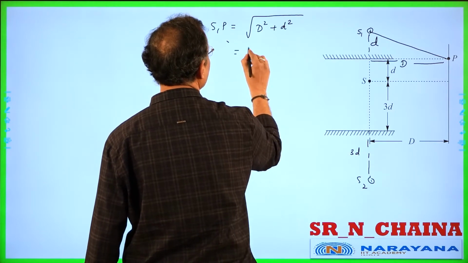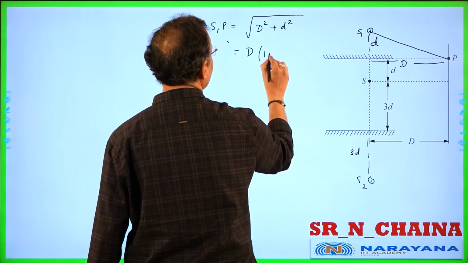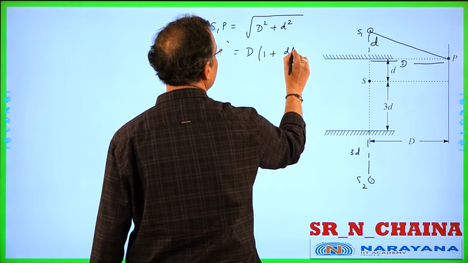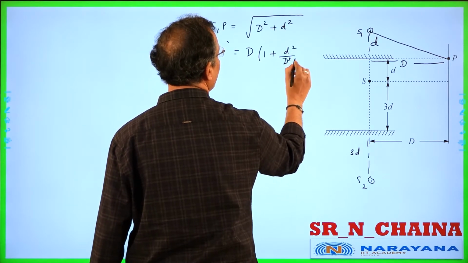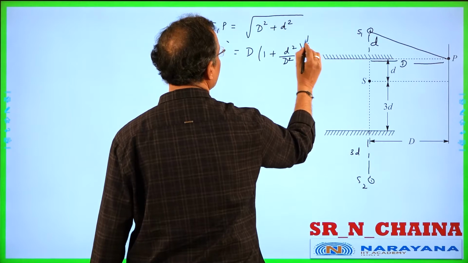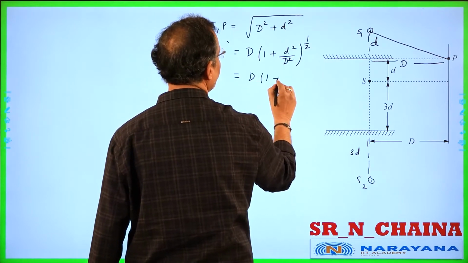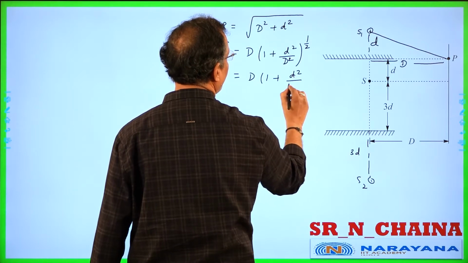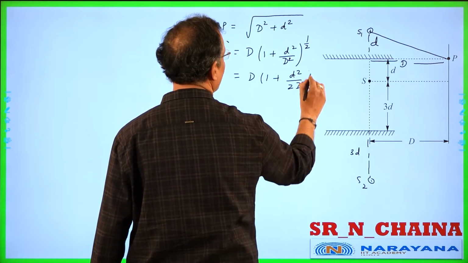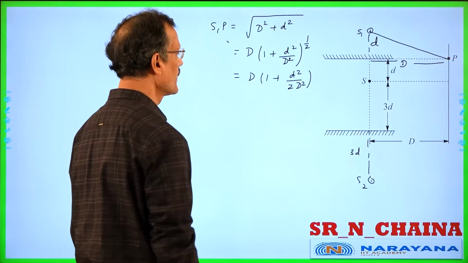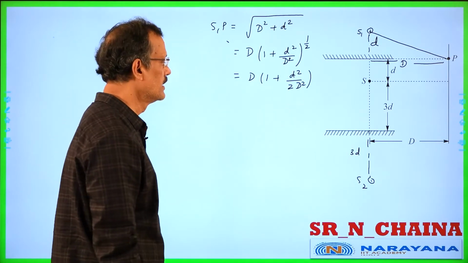If you take one D common, it will become 1 plus d squared by D squared to the power half, binomial expansion, D times 1 plus d squared by 2D squared. Clear? This is your S1P.